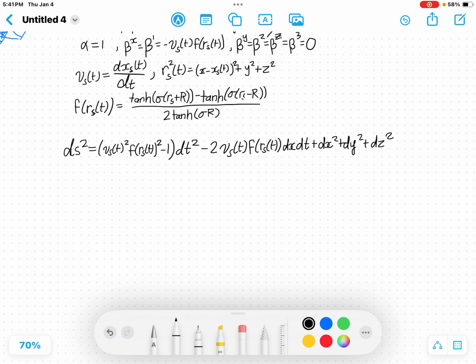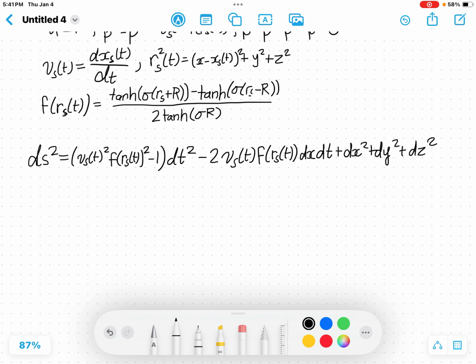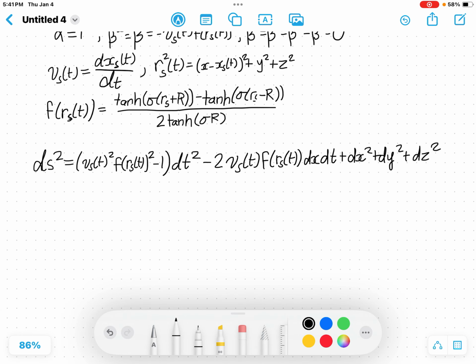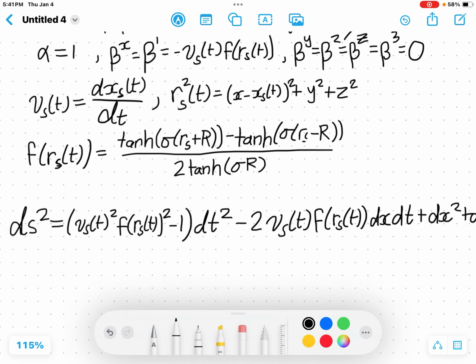There. So you notice that this is much more complicated than the Minkowski metric, but it's somewhat similar. So this is essentially the metric. If you want the exact form, you just need to plug in the defined stuff over here.